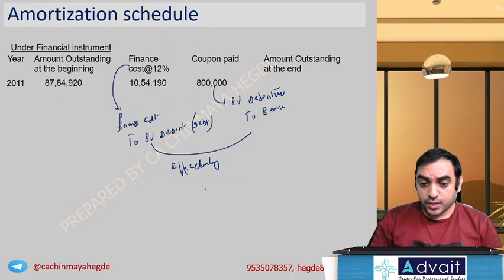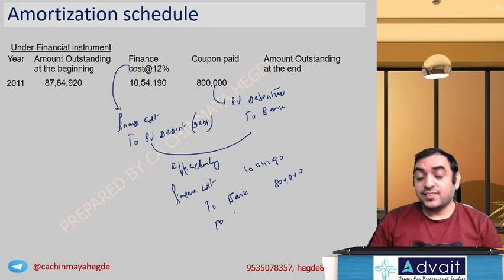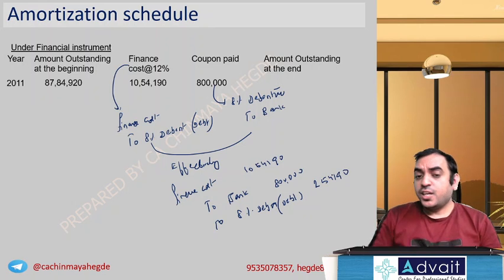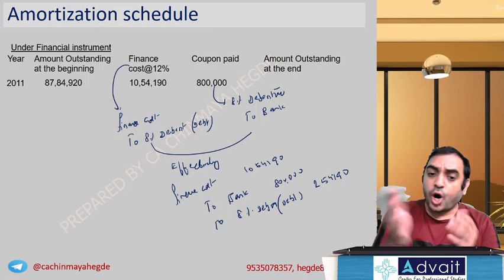They say to bank 8 lakh and finance cost 10,54,190, and the balancing figure, the extra amount, they will transfer to the 8% debenture debt portion, that is 2,54,190. You can pass these entries separately or write them together.